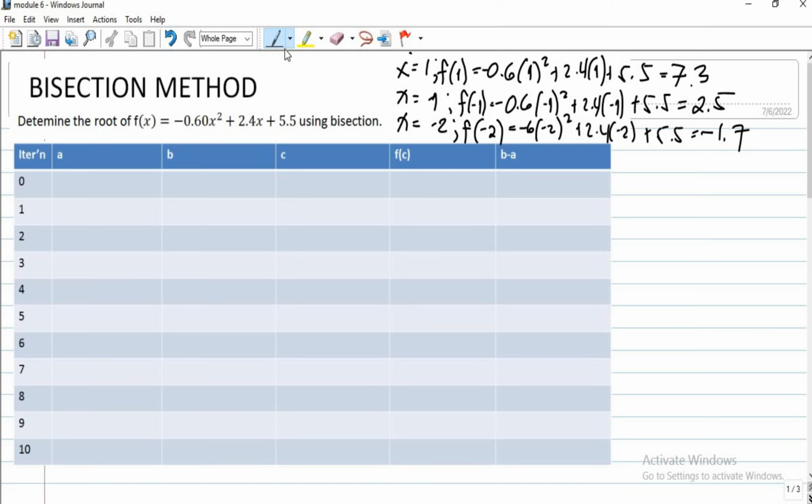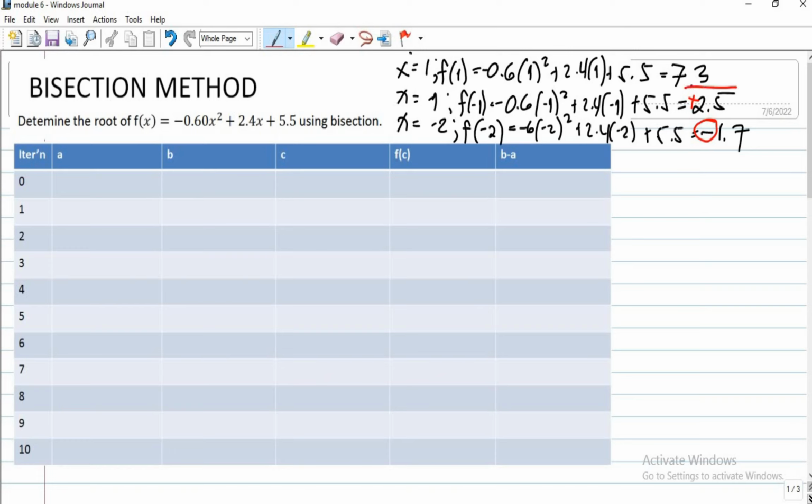I'll stop here. Kung mapapansin ninyo, positive si 2.5, negative si 1.7. Kung magpipili kayo ng possible roots, yung magiging simula ng iteration, make sure na yung mga roots, kapag positive yung function ng isa, negative ang magiging sagot ng function ng isa.